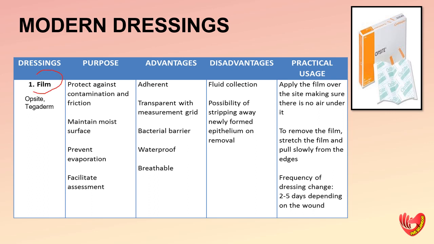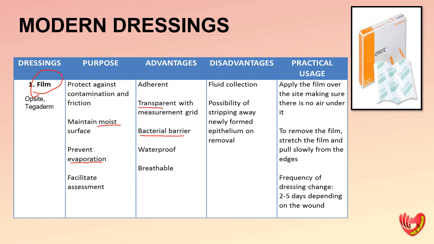The film dressing, it is used to protect against contamination and friction. It can maintain moist surface and prevent evaporation. It is adherent and it acts as bacterial barrier. And it is transparent.